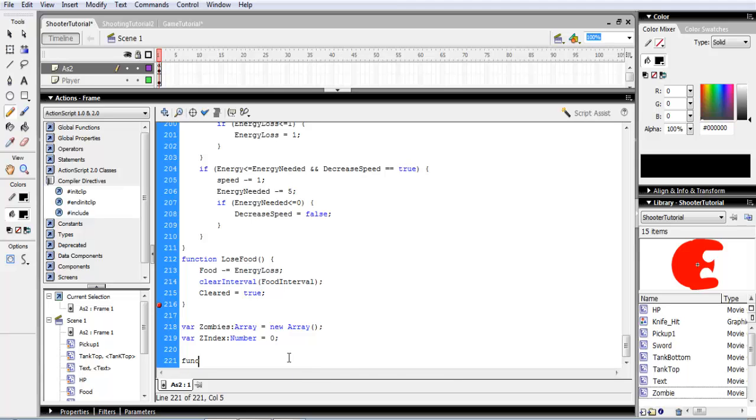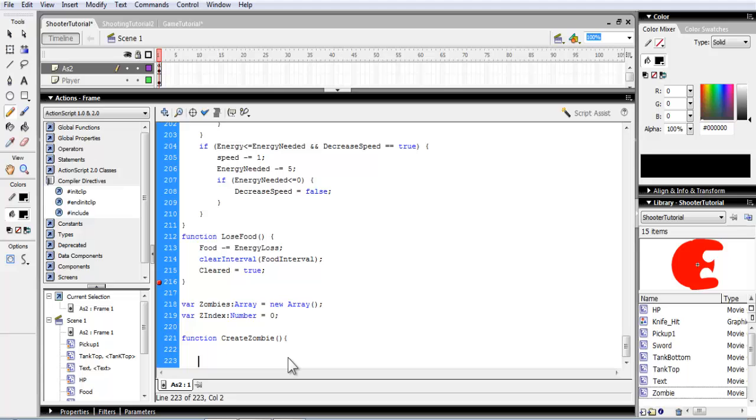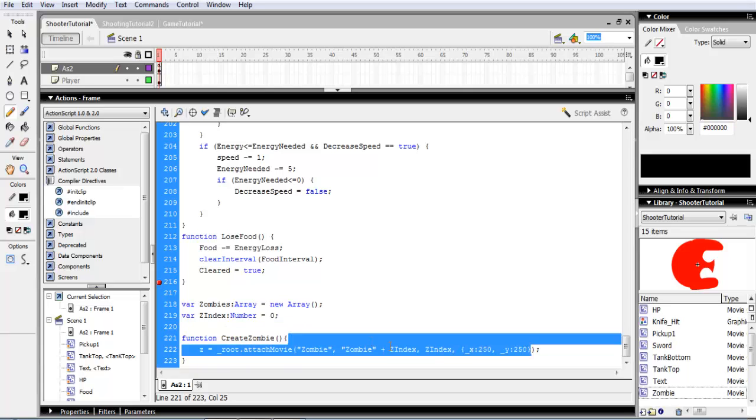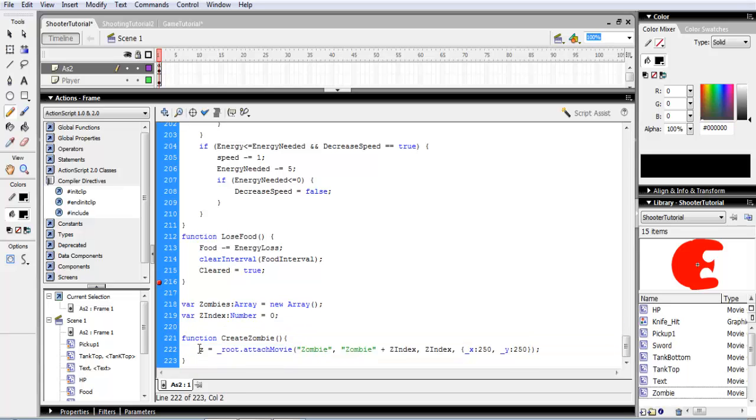So function create zombie. I wrote this line of code earlier because I always get mixed up on these lines of code when attaching movies.